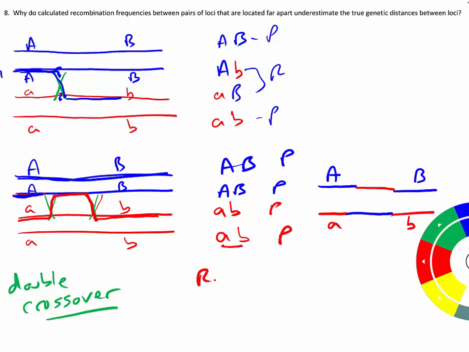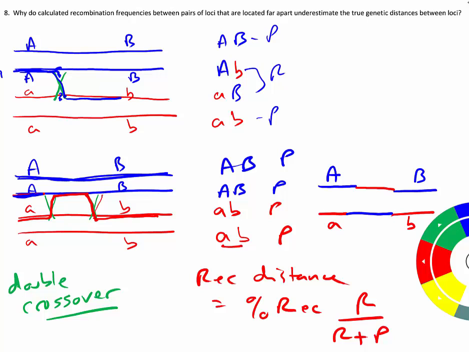And because recombination distance equals percent recombinants, the way we figure out percent recombinants is the number of recombinants over the total recombinants plus parentals.